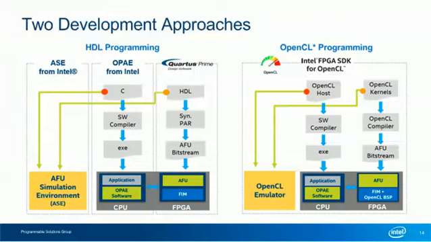The OpenCL programming tool flow is shown on the right. OpenCL is an industry-standard C-based programming language. It allows users to abstract away traditional hardware FPGA development flow for faster and higher-level development. Intel will provide the OpenCL board support package, which allows the Intel FPGA SDK for OpenCL to automatically construct kernel compute unit with the CCIP AFU interface.